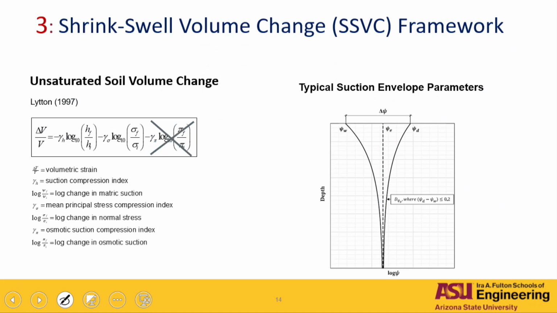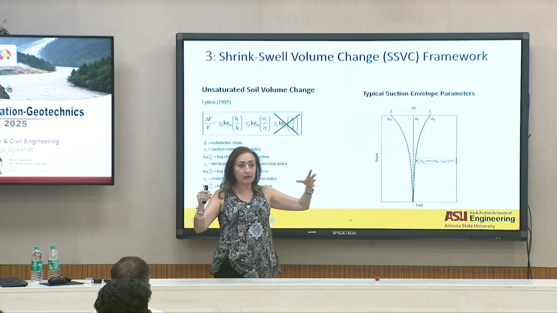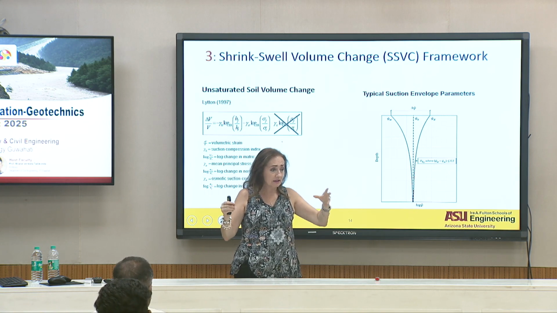And then there is an extra one that we haven't talked much about here, and it's kind of important if you do have salts in the water. This is the osmotic suction, the osmotic gradient, right? You're going to have also some change if you put a concentration gradient in there.